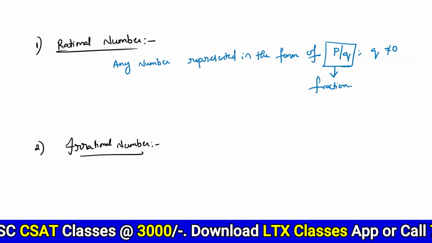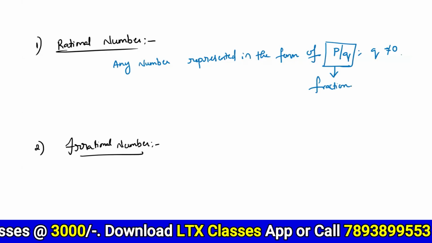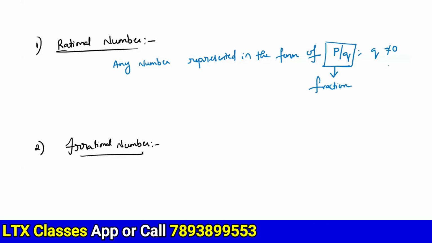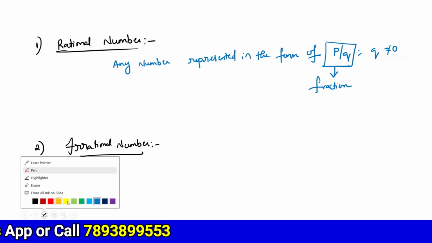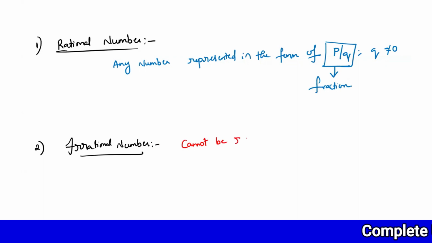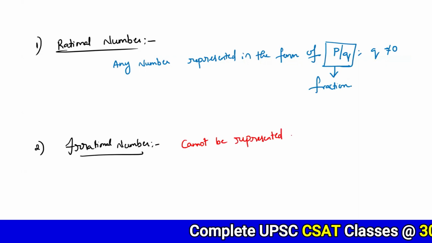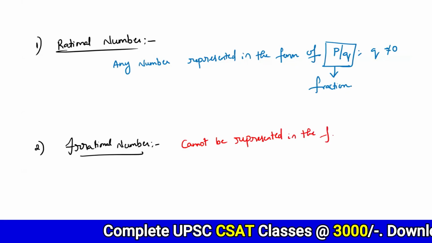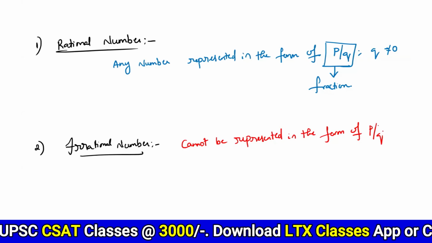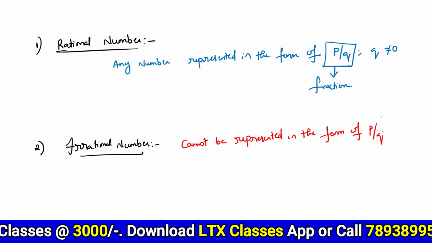Again, we will be having different types of fractions. That is the other point. But regarding rational number, any number represented in the form of P/Q where Q is not equal to 0. Coming to irrational number, which cannot be represented in the form of P/Q. And now let us do one thing. Let us go back to the previous classification.